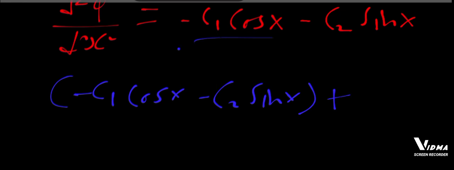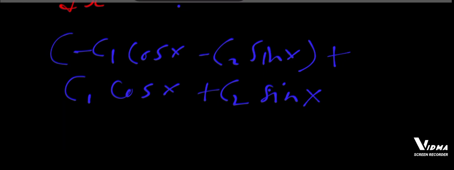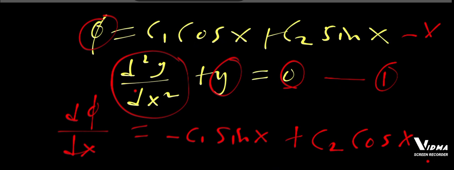Our y was, because of space, let me write it beneath it, c1 cos x plus c2 sine x. So we have to make sure that it evaluates to 0. If it evaluates to 0, it means this is the solution.